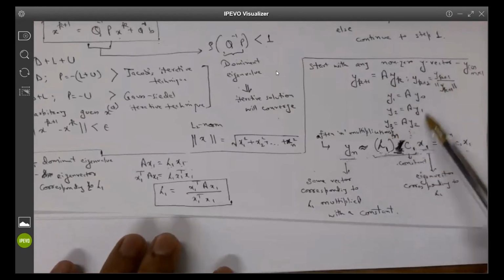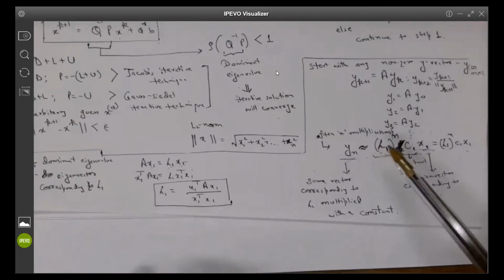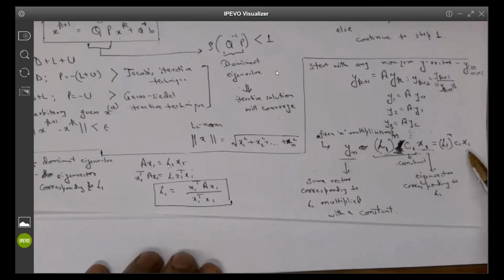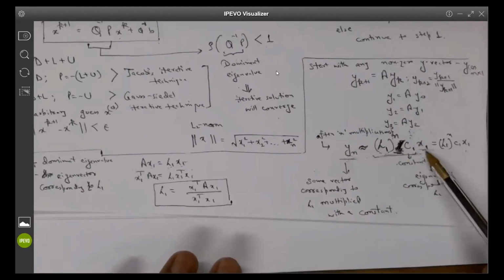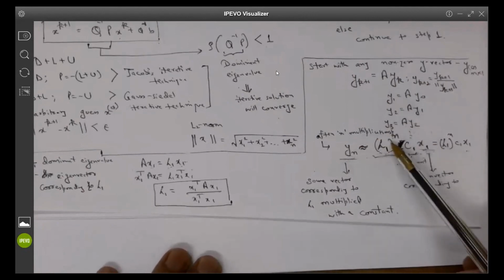So after multiplying with A, A, and A again, this vector will eventually resemble your x1 vector. That means you have got the x1 vector using these multiplications.